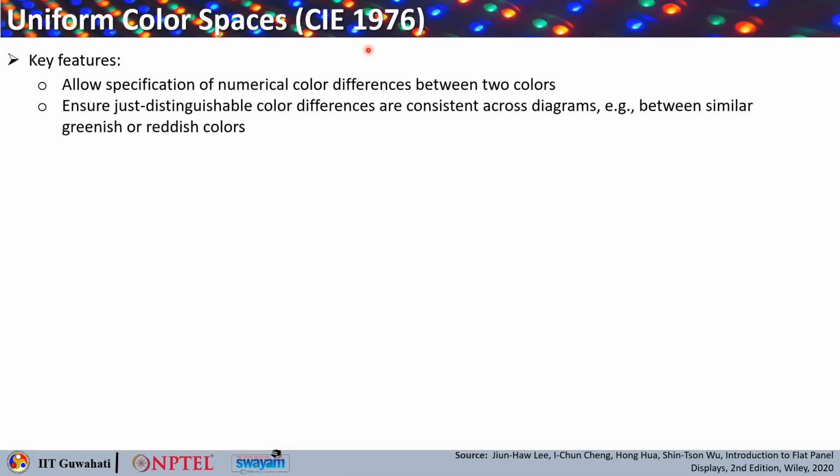To summarize, the key features of the 1976 CIE uniform color spaces are that they allow specification of numerical color differences between two colors. They ensure just distinguishable color differences are consistent across diagrams, between similar greenish and reddish colors.